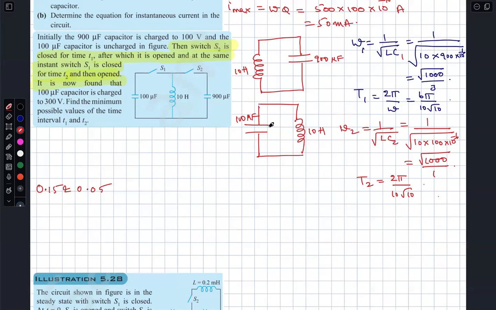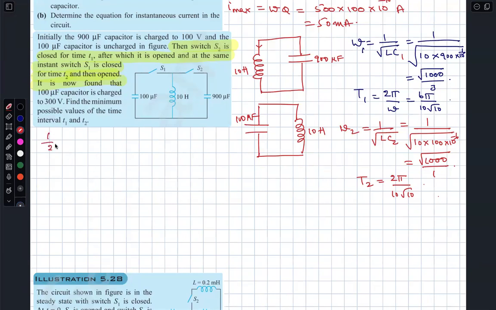Now try to understand, in this process, what could be the maximum energy transfer? I need to check one point. There is a cross-checking situation.